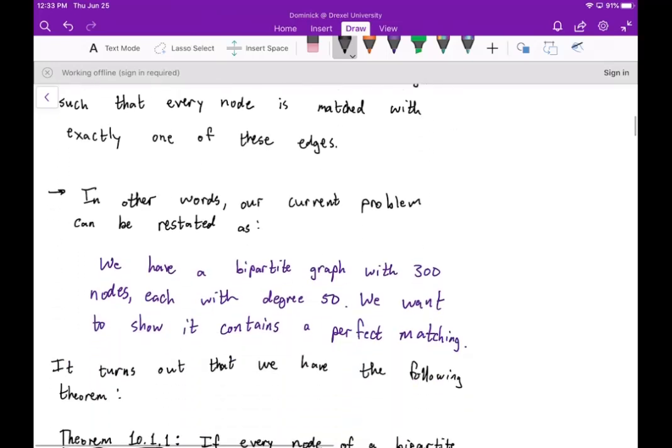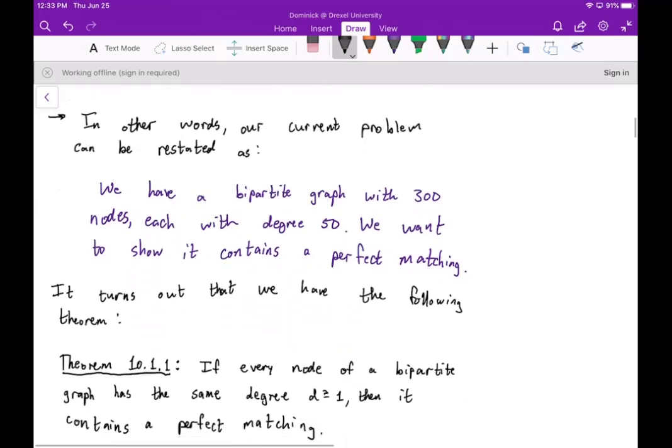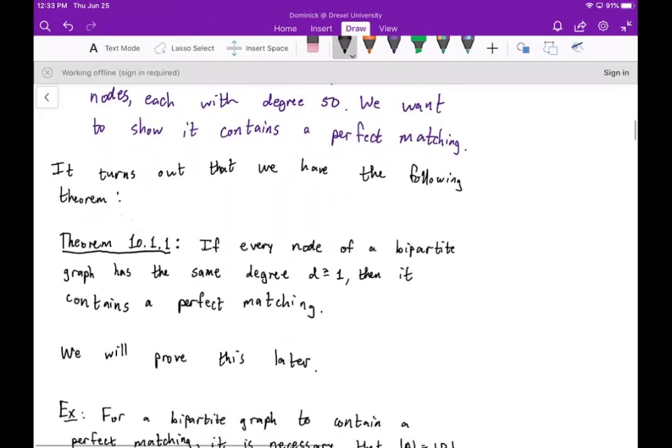So in other words, our current problem is now restated in graph theory language as: we have a bipartite graph with 300 nodes, each with degree 50. We want to show that it contains a perfect matching. And it turns out that the following theorem exists for this. If every node of a bipartite graph has the same degree d greater than or equal to 1, then it contains a perfect matching.